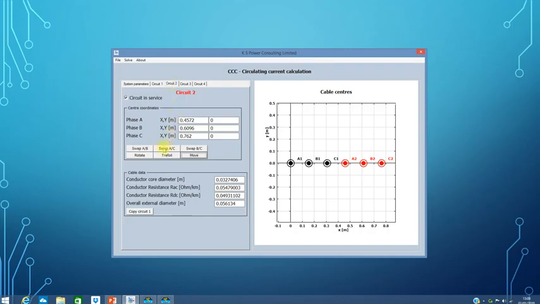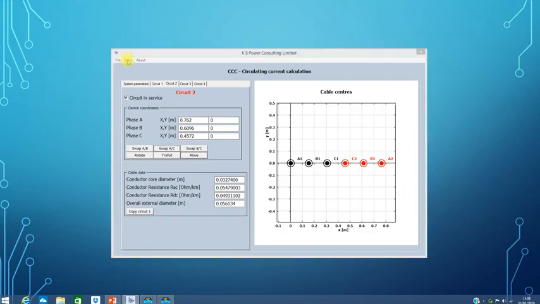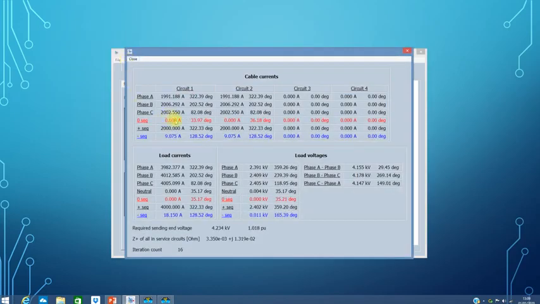So if we swap A and C, we now have a more symmetrical arrangement. We have A1, B1, C1, C2, B2, A2. Let's see what happens when we run the calculation. So now, with the position of these two conductors swapped over, the zero sequence current is now 0.